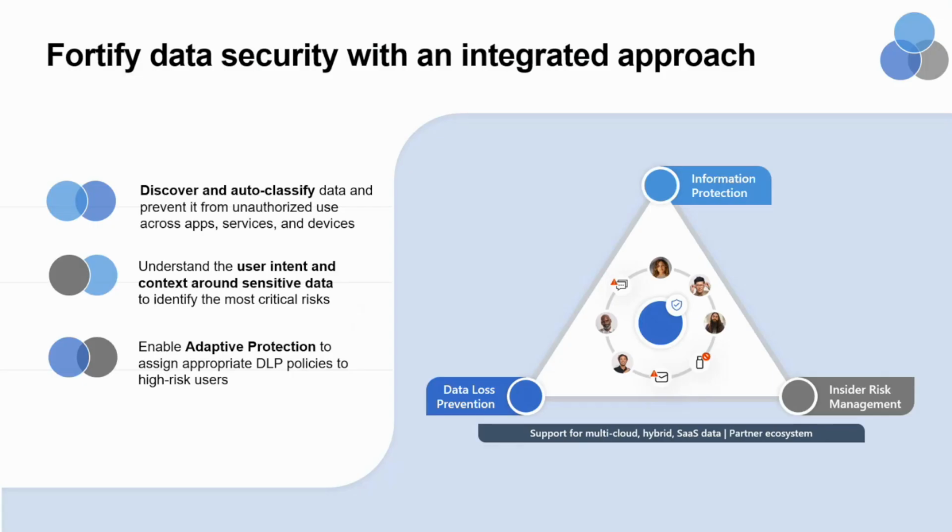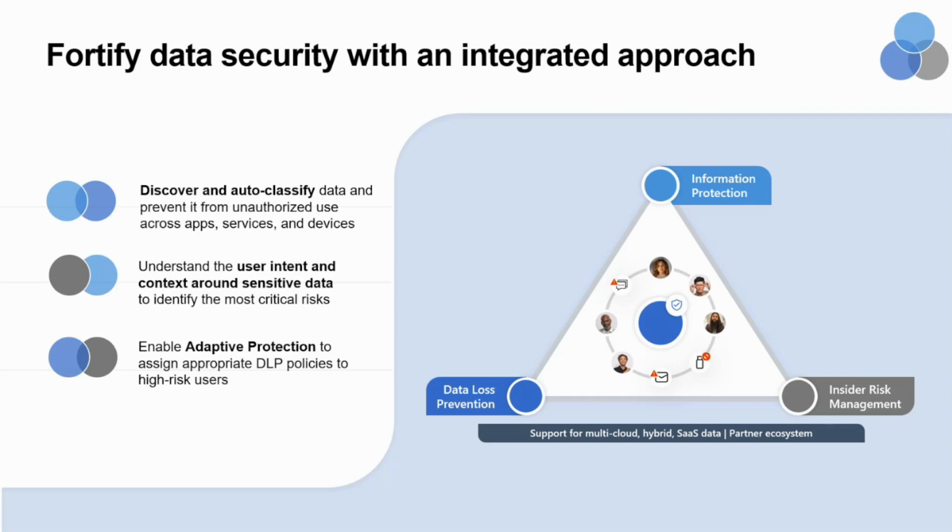So with that said, if you use information protection and data loss prevention together, you're able to discover and automatically classify data in the environment that's sensitive, so that you can prevent unauthorized use with different policies. As well as that, using information protection and insider risk management together, it can help you understand the user intent of what they're trying to do around sensitive data, and look for users that might be the most critical risk in the organization.